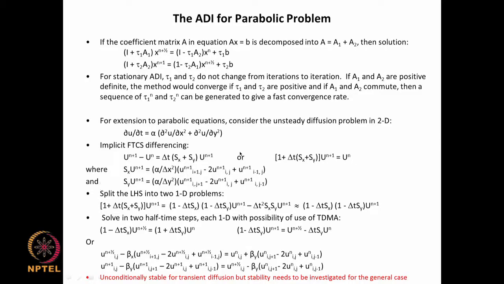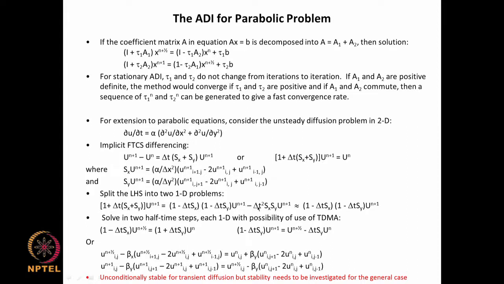Okay, we take this onto the other side, and we will be getting 1 minus here. So now we can split this into 1 minus delta t Sx times 1 minus delta t Sy times u^(n+1).